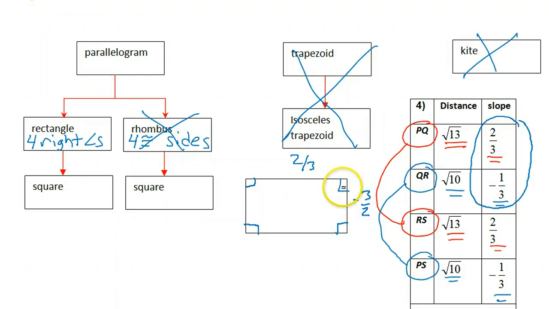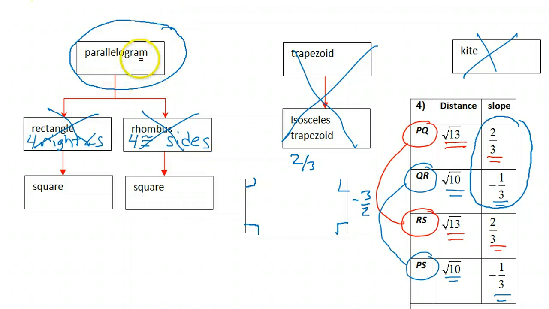And that's what would happen if these were right angles, but these are not reciprocal. They're opposite sign, but 2/3, 1/3, those are not reciprocal. So no, this is not a rectangle. That means the best classification we can do is parallelogram.